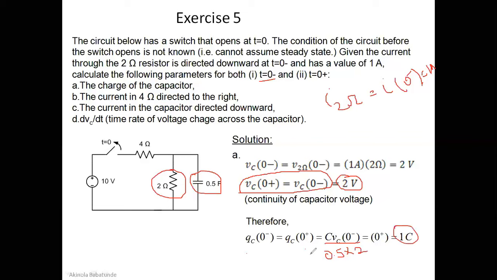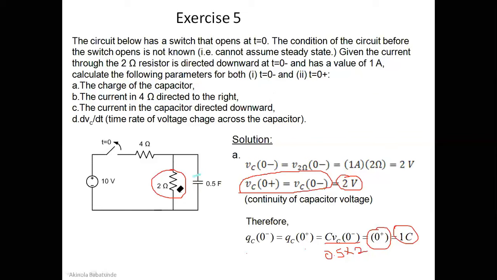Again, this will be the same value for VC of 0 plus, because we do know that for continuity, VC of 0 plus will be VC of 0 minus. And since 0.5 is the same for both of them, the charge will certainly be the same for both cases.